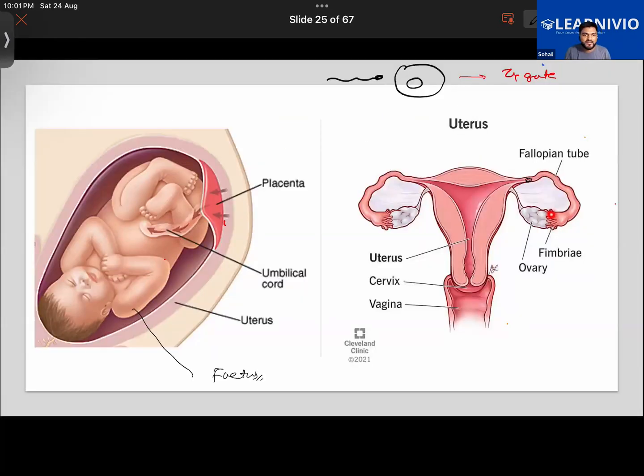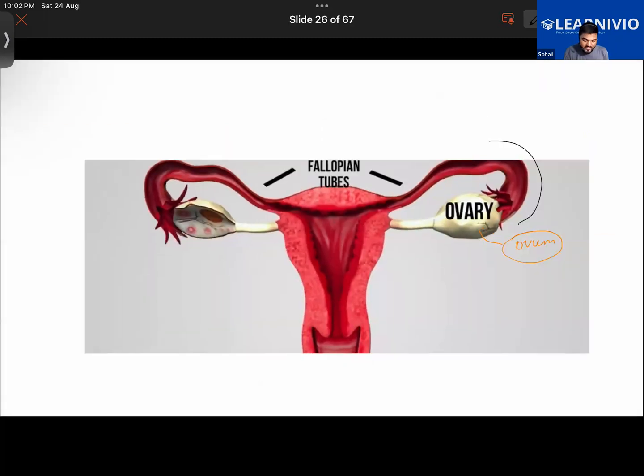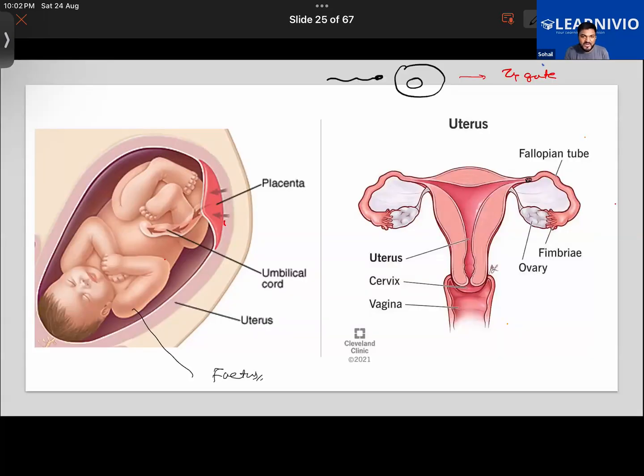That will be traveling all the way to the uterus, and it will be attaching itself to the lining of the uterus if fertilization has taken place. But if the egg is not fertilized, the uterus will be shedding its lining. What is that lining made up of? That lining is made up of muscle tissues and blood.